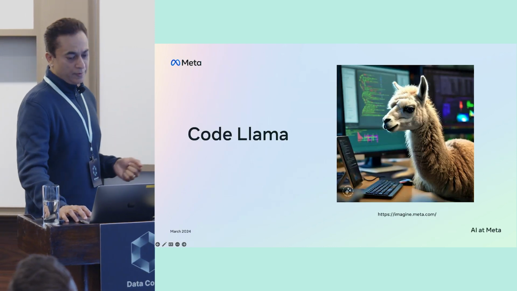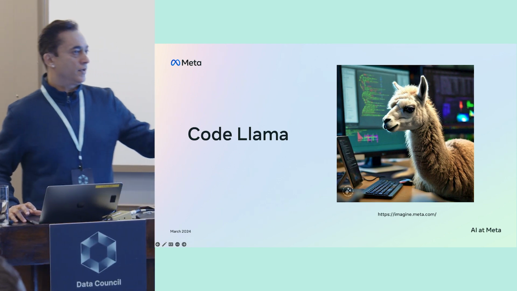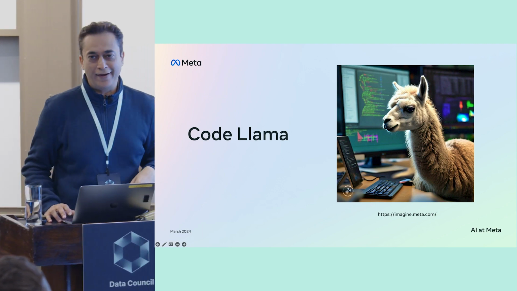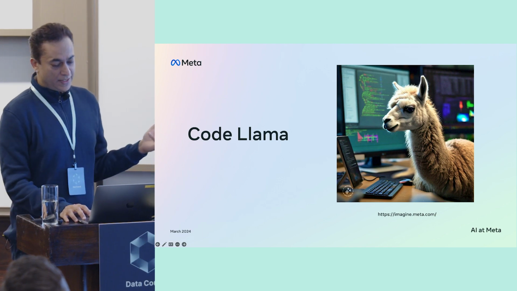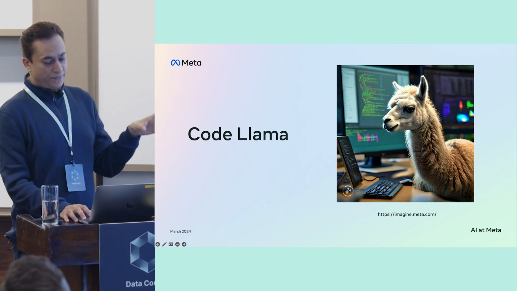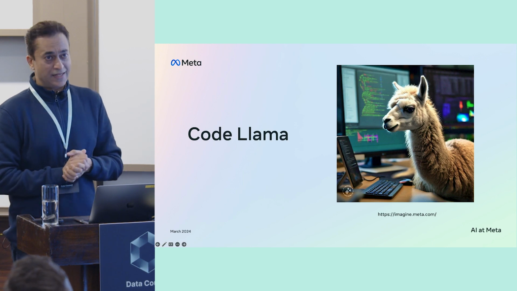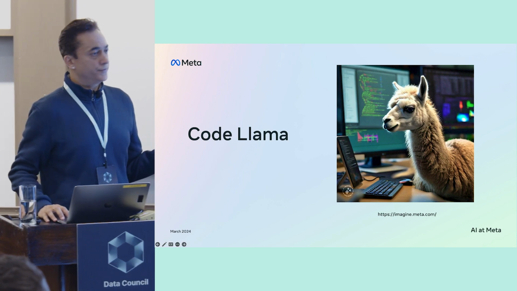So let's go to CodeLlama. By the way, that image is generated through imagine.meta.com. If you have not visited, go and visit it. You can generate free images there. So CodeLlama is an AI model built on top of Llama 2, which is fine-tuned for generating, analyzing, and debugging code. It's free for research and commercial use.